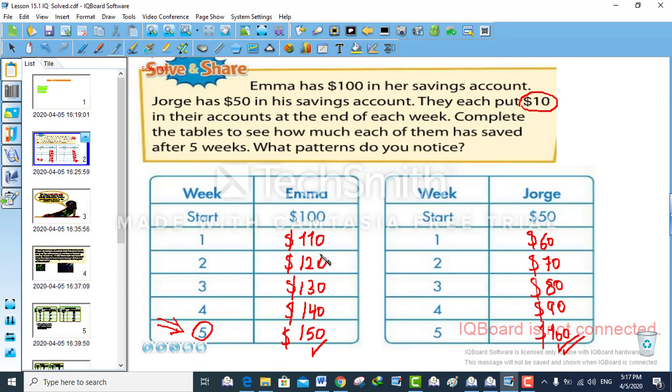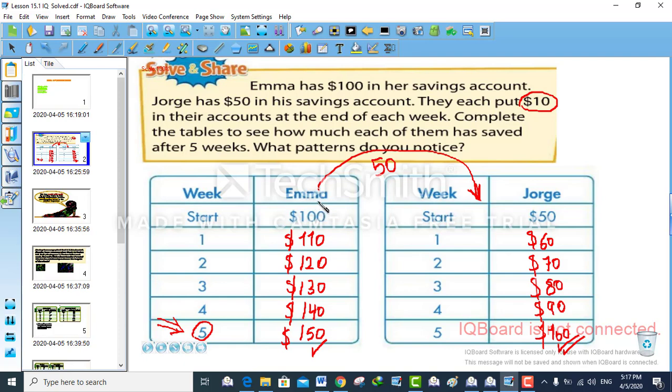If you look at the corresponding values, 100 and 50, 110 and 60, 120 and 70, each time you will find the difference between 100 and 50 is what? Yes, exactly, 50.